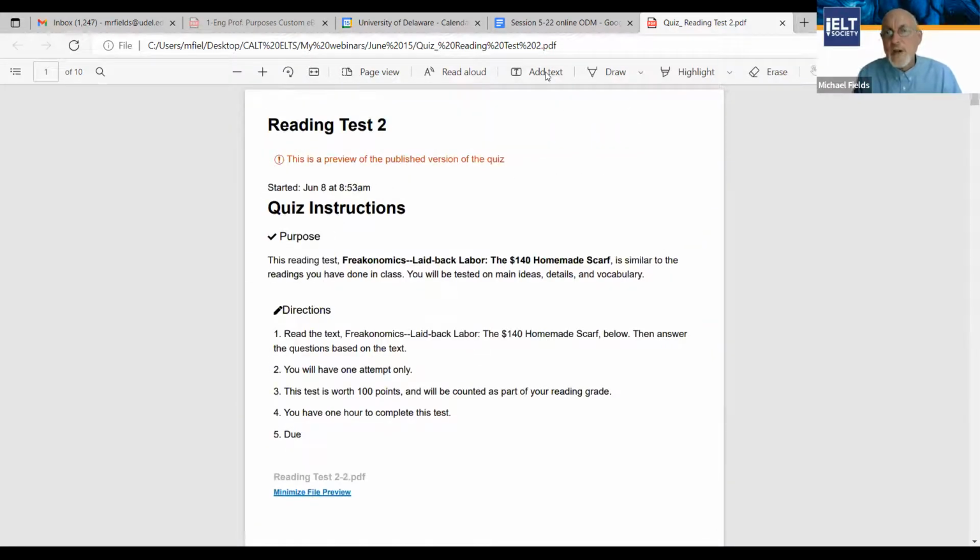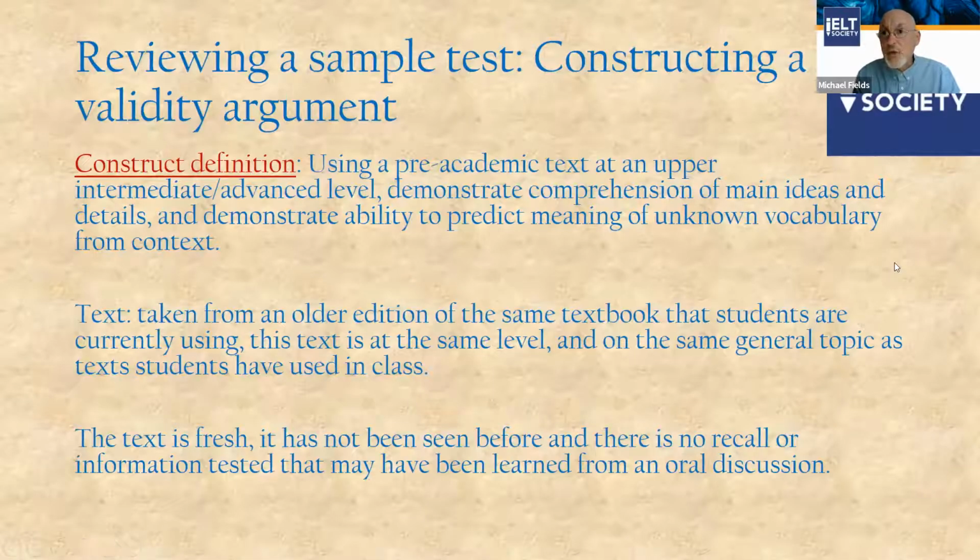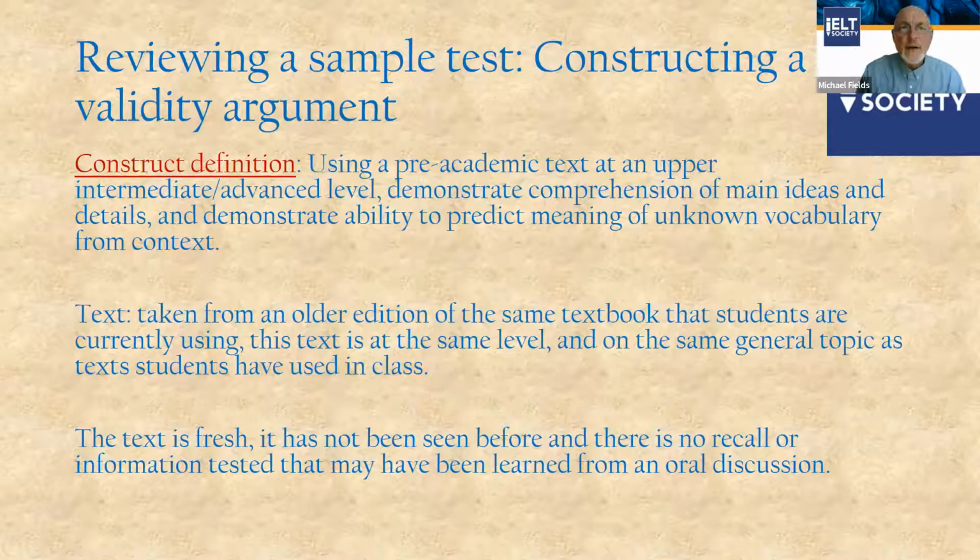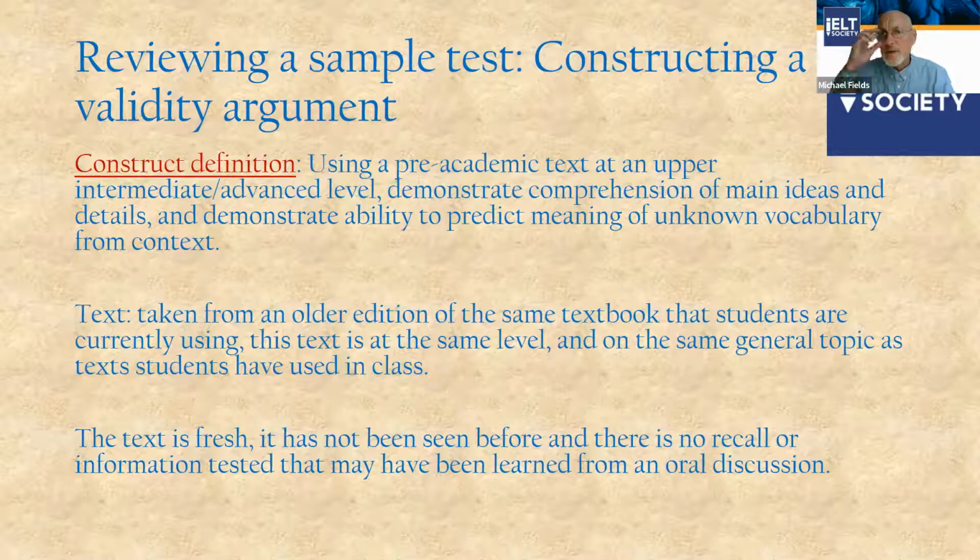And what I'm going to do now is very quickly make a validity argument. I know that we won't all agree, but I'm still going to make this validity argument. So basically, about construct definition, we're using a pre-academic text at an upper intermediate or advanced level to demonstrate comprehension of main ideas, details, and the ability to predict the meaning of unknown vocabulary.